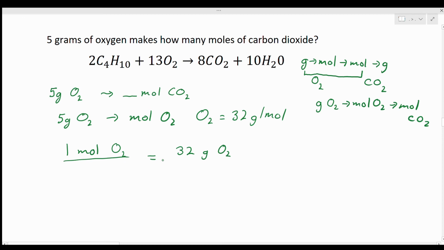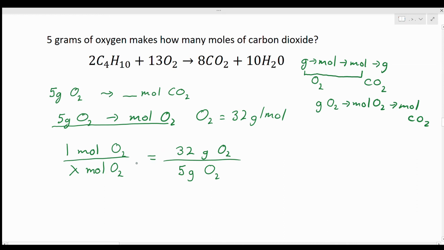In this example, I'm keeping moles to the left and grams to the right. So here, we want to now convert grams to moles of oxygen. So 5 grams of oxygen. If grams are on the right, that's where I'll put the 5 on the bottom. We know that that equals a certain amount of moles, the unknown for oxygen. Now we can cross multiply here.